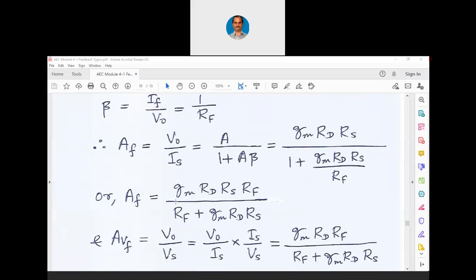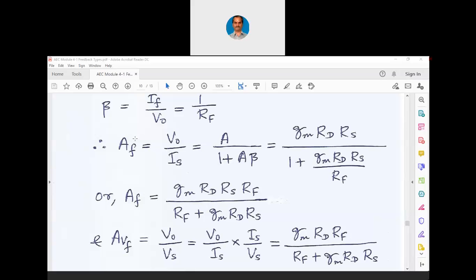Now actually this AF, wait a minute, I am also getting confused, I am confusing you also. As we are discussing a trans resistance amplifier, now the gain A is basically that Rm which I mentioned earlier, right? I had written one small r and small m with the suffix there.